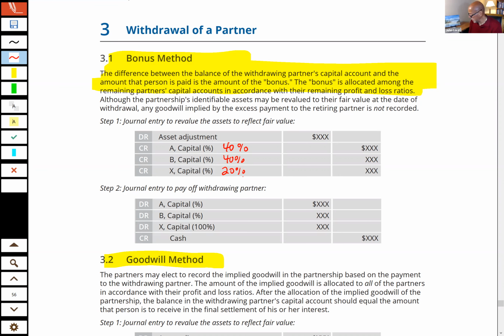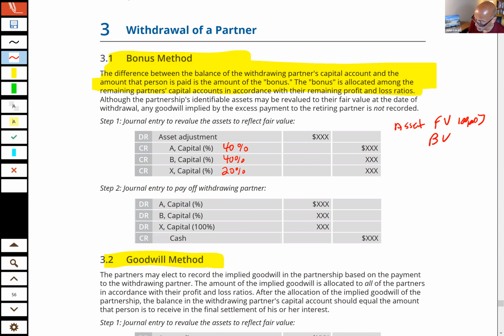Okay. And then I'm going to assume that the assets' fair value is $100,000 greater than its book value. Because the first thing we have to do is write up any assets.